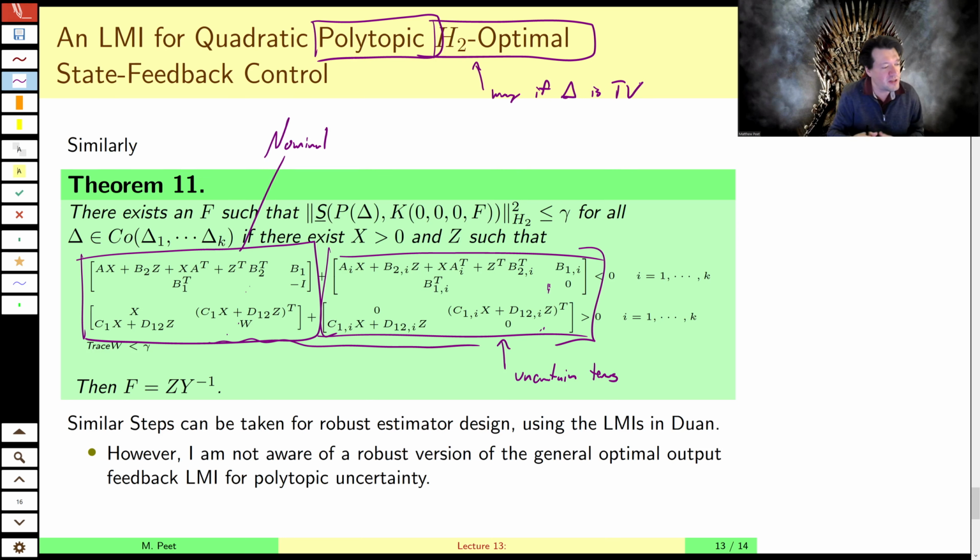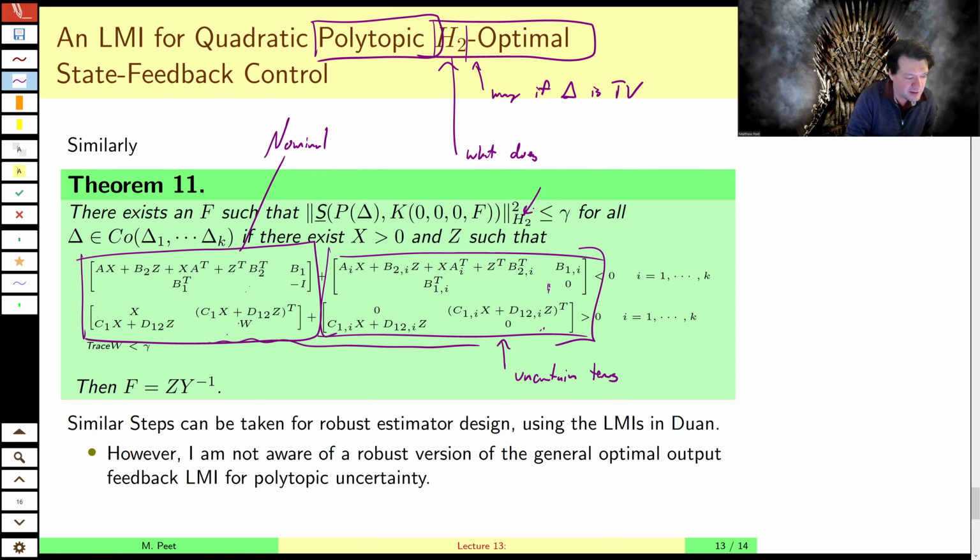I mean, you could wave your hands. But again, there are no transfer functions for time varying systems. And so if we say this is H2 optimal, what do we mean? That the H2 norm is bounded by gamma?